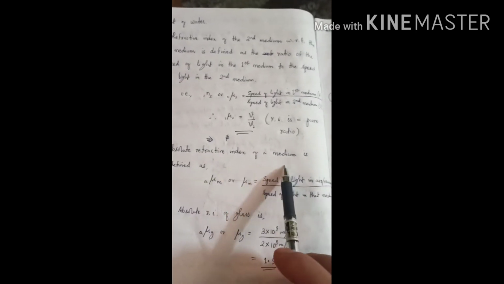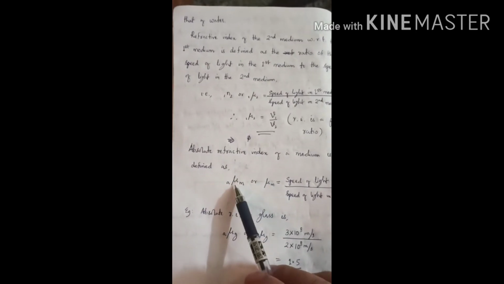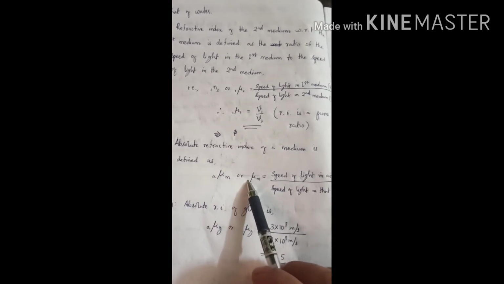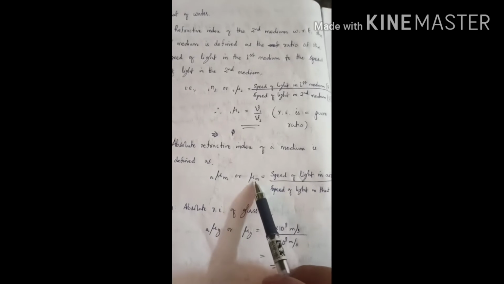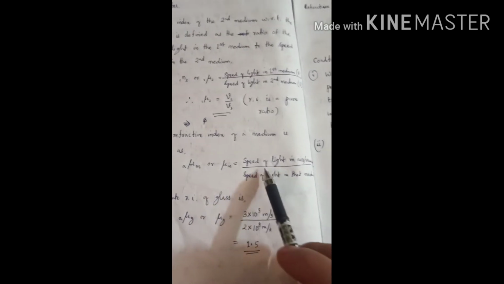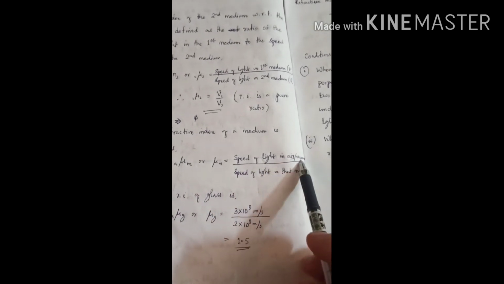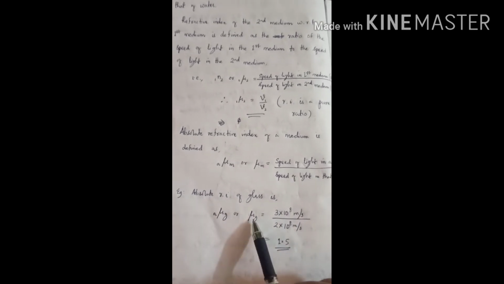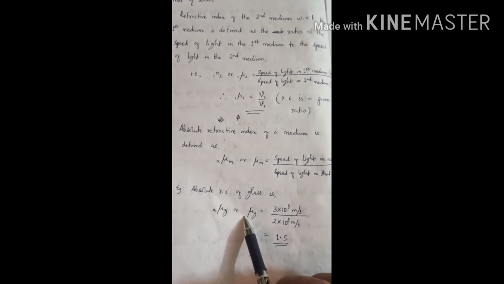So the absolute refractive index of a medium is the refractive index of the medium with respect to air or vacuum. It is defined as the ratio of the speed of light in air or vacuum to the speed of light in that medium.